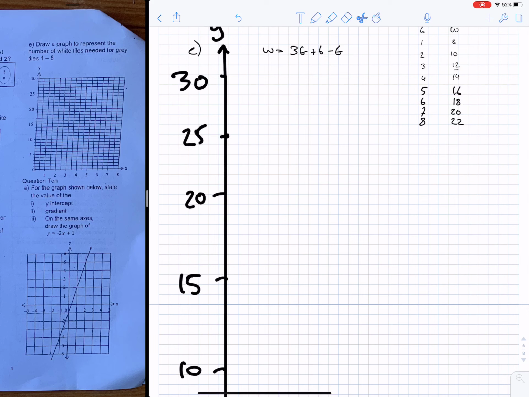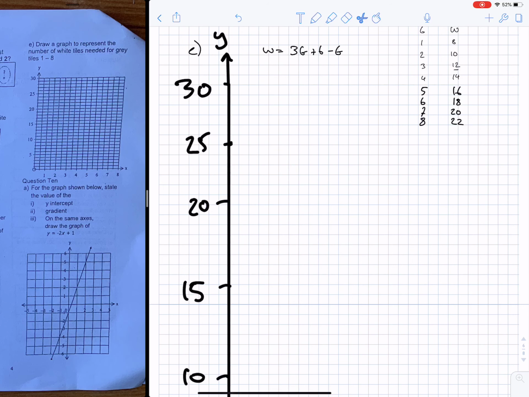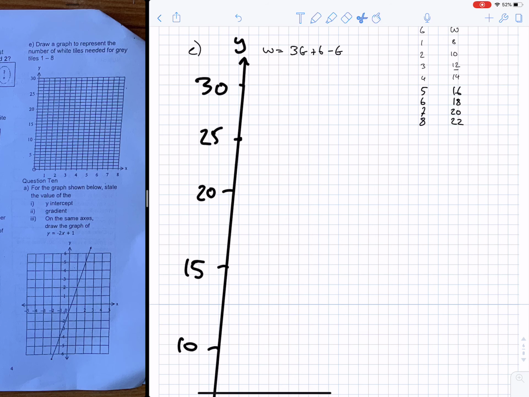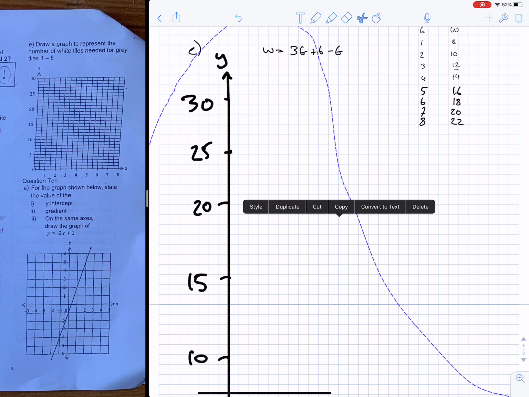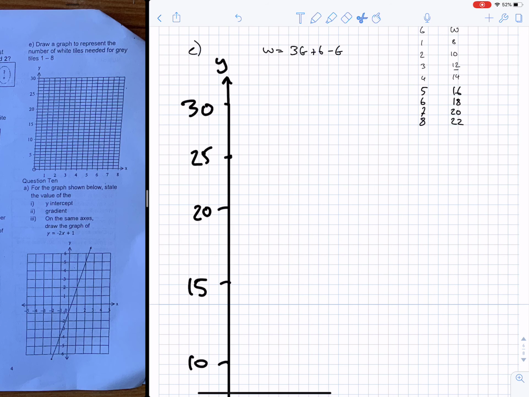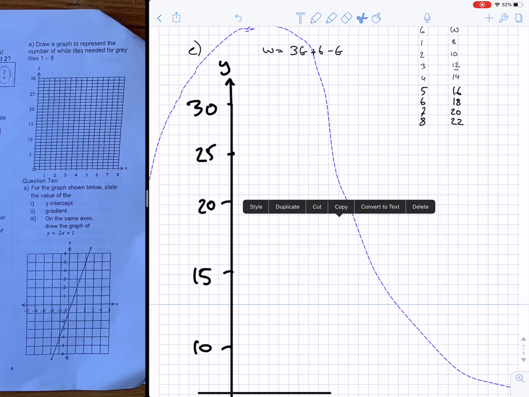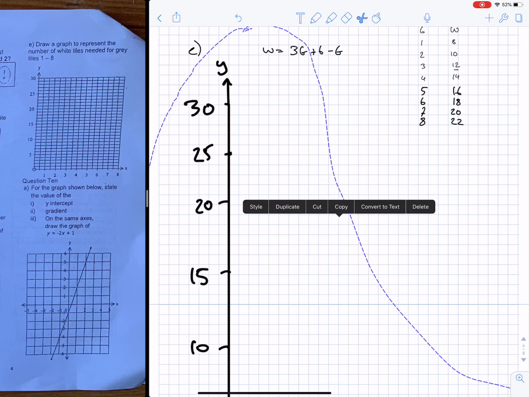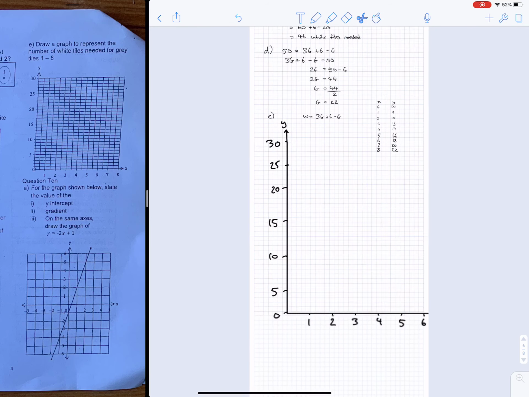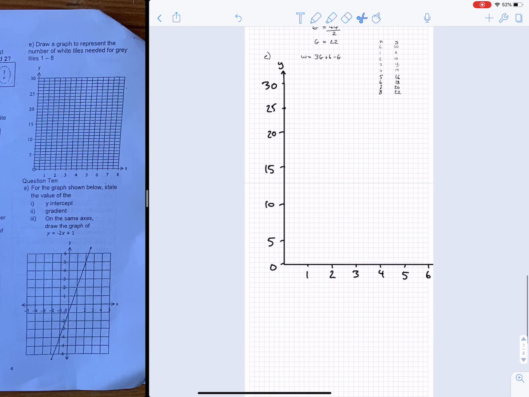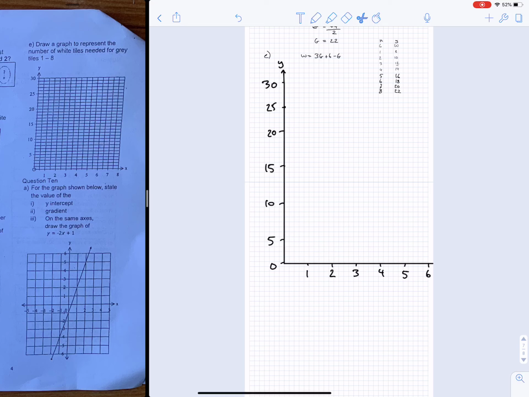Bigger. So each line represents 1. Almost. There we go. Okay. So, that's gone off the page.